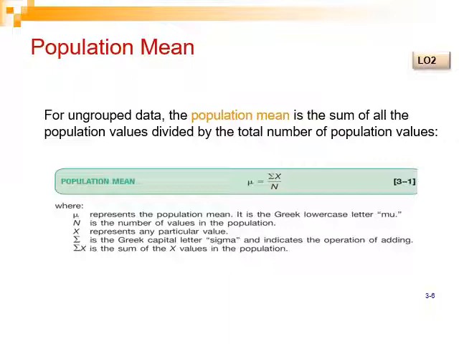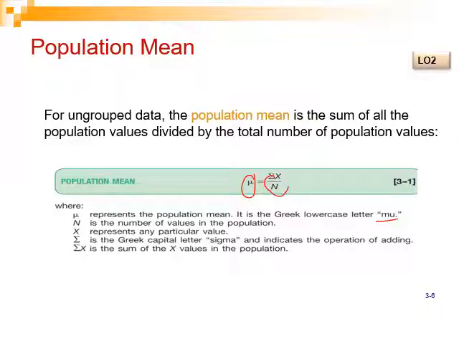So we have the whole population, and in this case the mean is called the population mean. The population mean is represented by mu, a Greek lowercase letter.